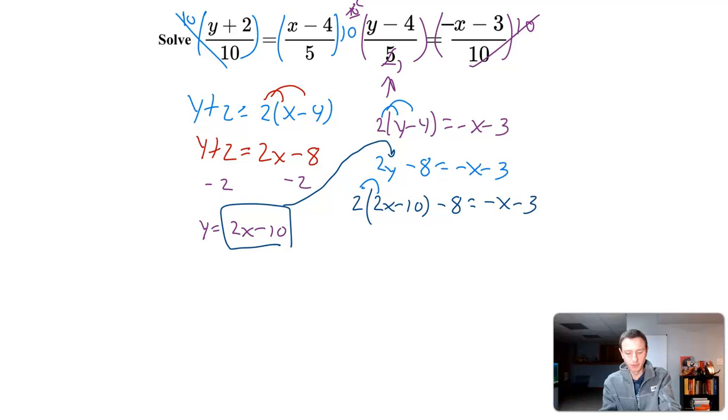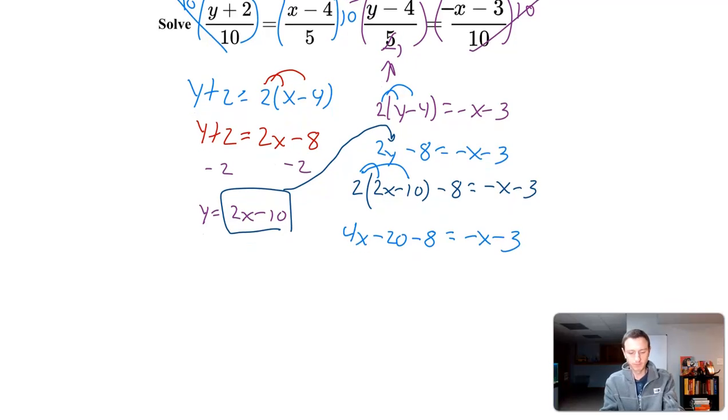I'm going to distribute the 2. Now I'm just solving for x. 2 times 2x is 4x, 2 times -10 is -20, minus 8 equals -x - 3. I see some like terms right here, -20 - 8, so I'm going to have 4x - 28 equals -x - 3.